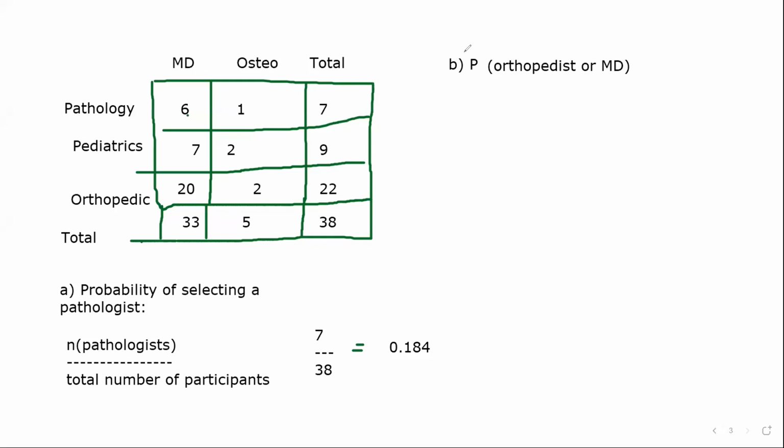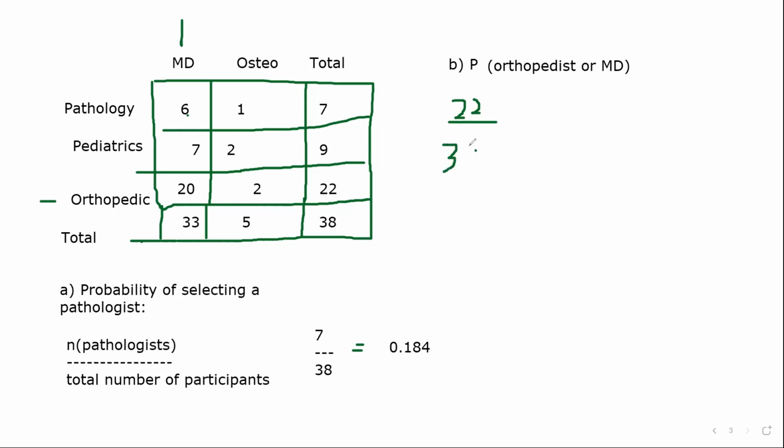All right, so here's my orthopedist. This is my orthopedist. So there's 22 of those. And my MDs are this column here, right? So I have 33 MDs. So I have 22 over 38.